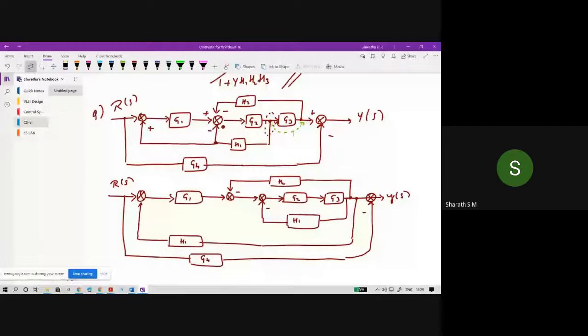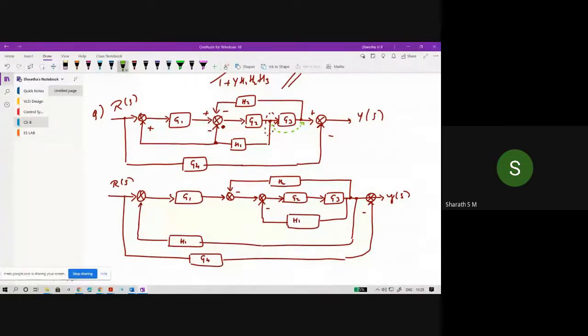Does going from left to right give division or multiplication, and what happens from right to left? Are we shifting from left to right or right to left? Left to right. So left to right means what's the operation I need to do? Division. So division of which variable? G2 or G3? G2 by G3.